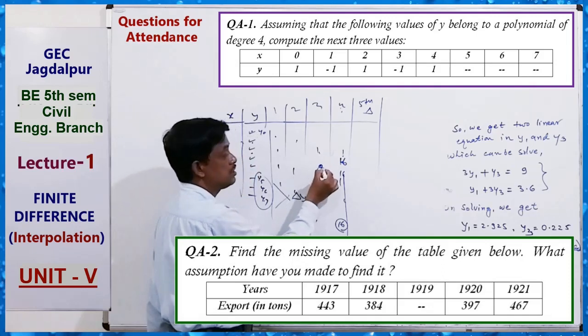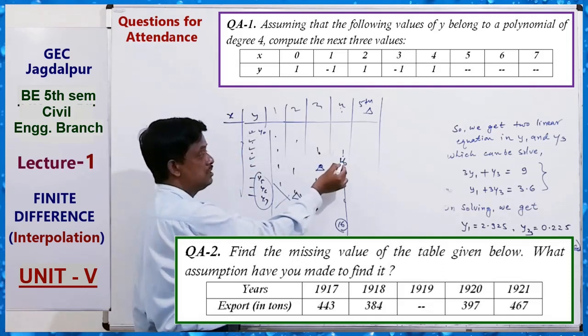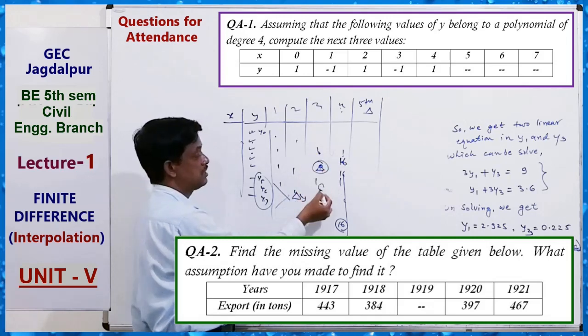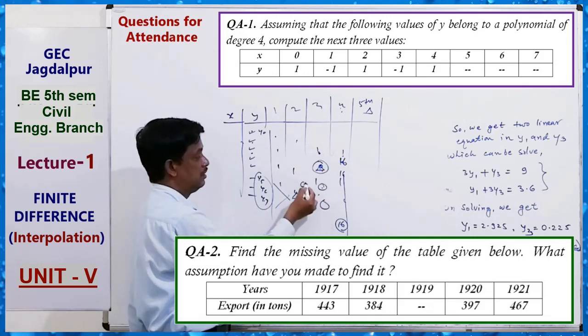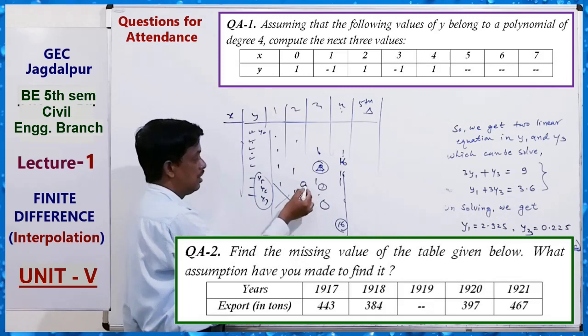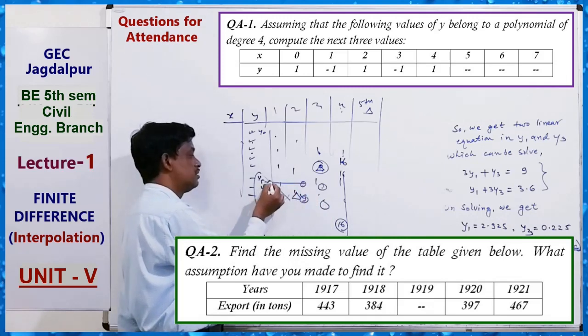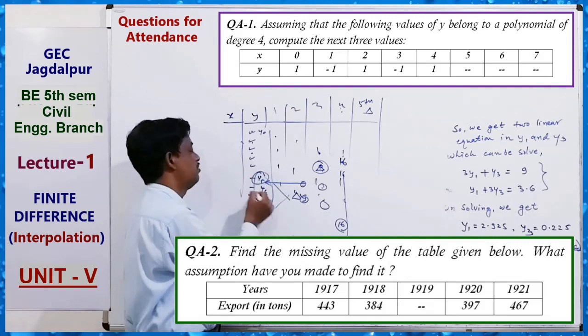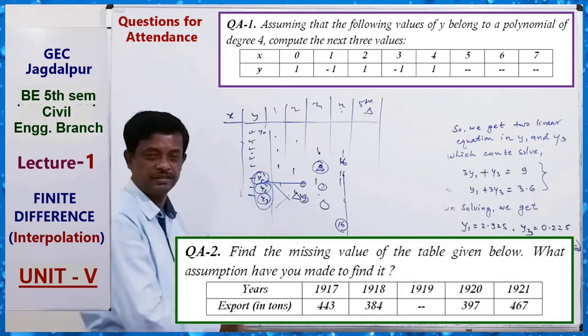Similarly, this can be found. Then you can get y5, y6, y7.